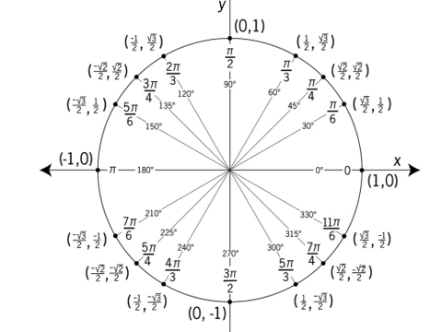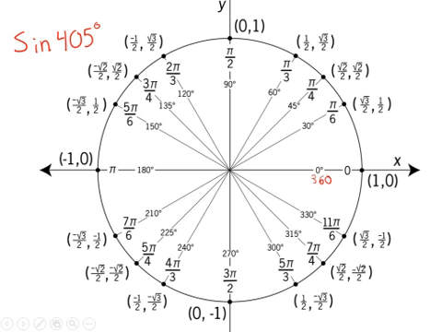Another thing: let's say I want to find the sine of 405 degrees. If you look at this unit circle, it only goes up to 360 degrees, but after that the circle repeats itself.